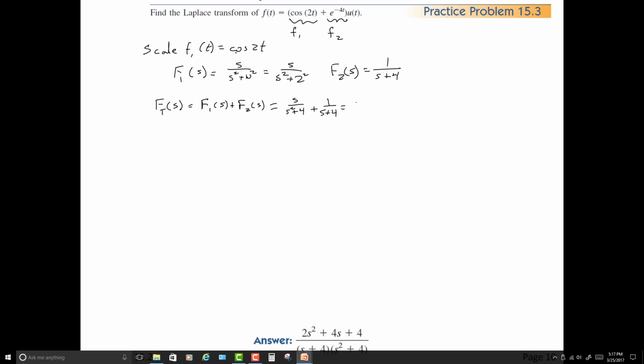So let's just crank this out, as so many of these things are. It's s squared plus 4s, I'm cross multiplying, plus s squared plus 4, over the product, s squared plus 4 times s plus 4. Looking good here.